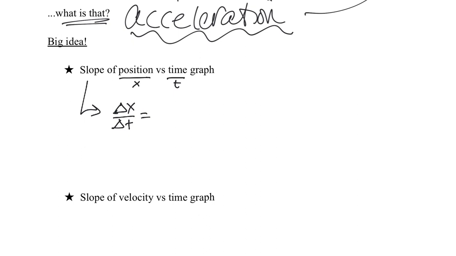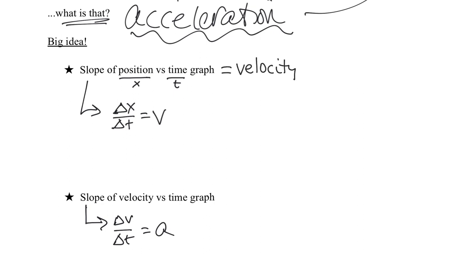Velocity. And the slope of the velocity time graph was, now you can say it, Ian, acceleration. So the slope of a position time graph is velocity. The slope of the velocity time graph is acceleration.